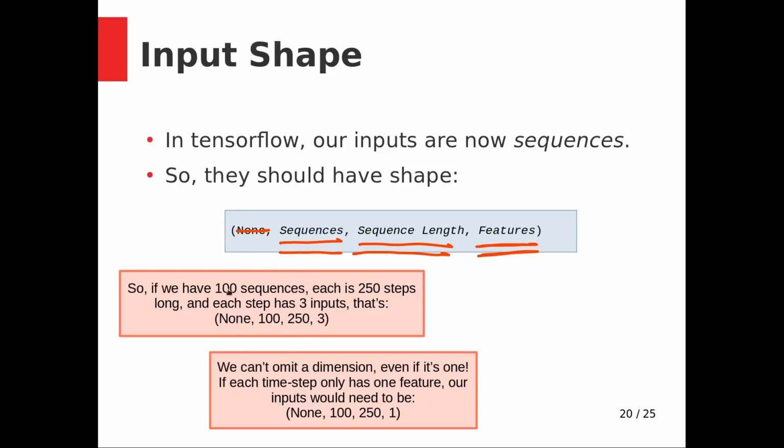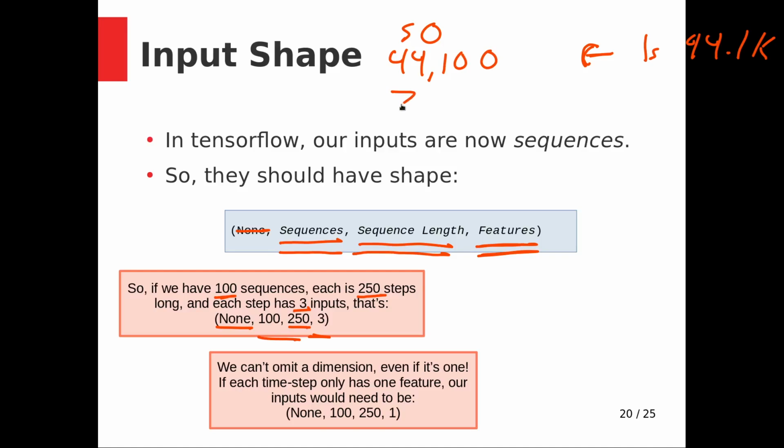So, for example, if I had 100 sequences, each of those was 250 steps, and each step had 3 inputs, my input would be of shape None, 100, 250, 3. If I had 50 sound samples that were a second long, they might each be 44,100 samples in length. That's 1 second at 44.1 kilohertz.